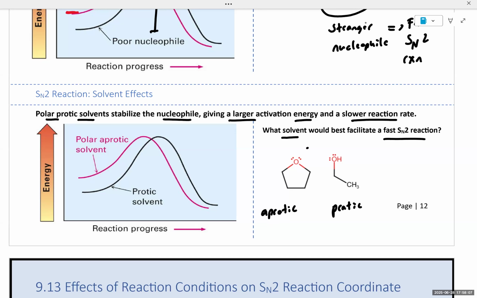And as we discussed, the polar aprotic solvent, such as tetrahydrofuran, would yield the faster rate of SN2 reaction because we are not excessively stabilizing our nucleophile. The nucleophile remains high in energy. We have a lower activation barrier and in turn a faster rate of reaction.